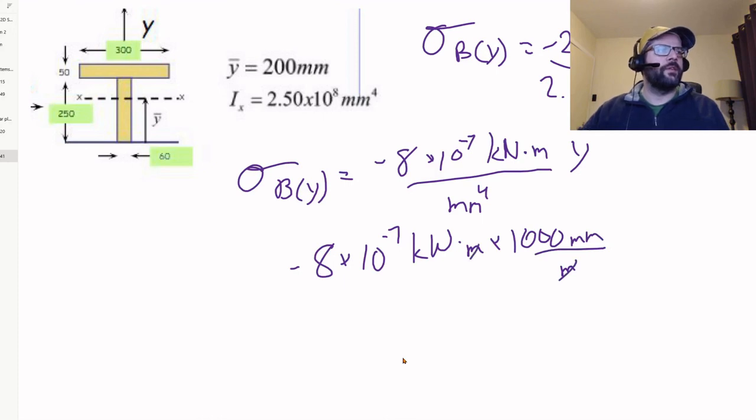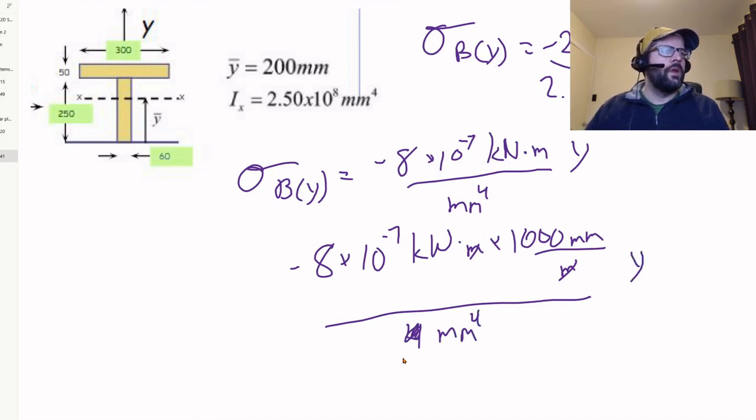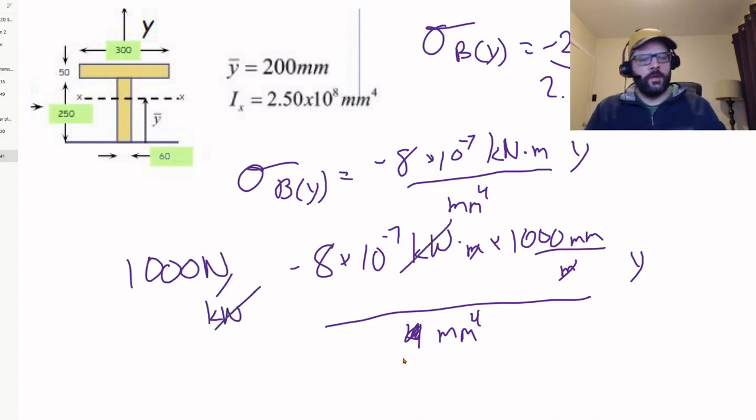Cancels that out. And let's put it in terms of newtons as well. So we can throw a 1,000 newtons per kilonewton in there. So we can multiply that number by 1,000 and then by 1,000 again.